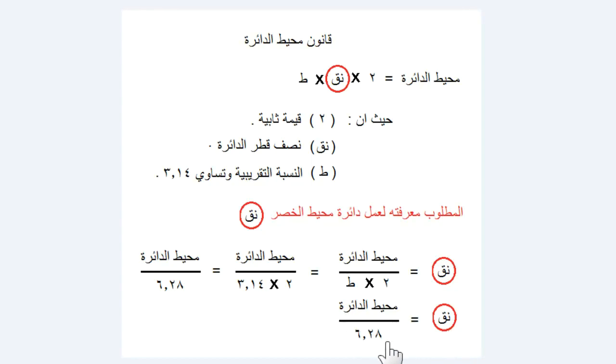This is the ending look of the rule. It's simple, but needs a little focus. We will only take this part of the rule and say NK equals the circulation divided by 6.28. No need to forget, and we must always remember it is the opening space of the compass.